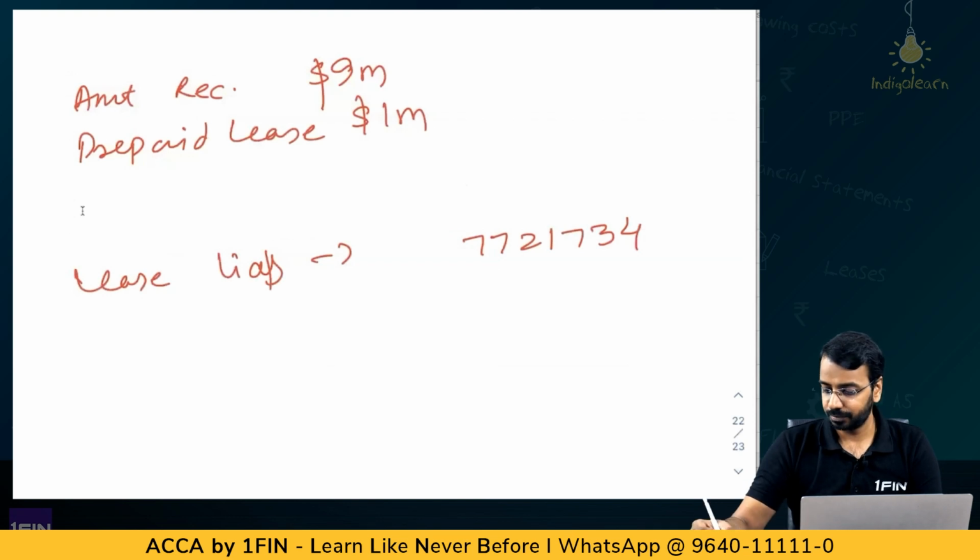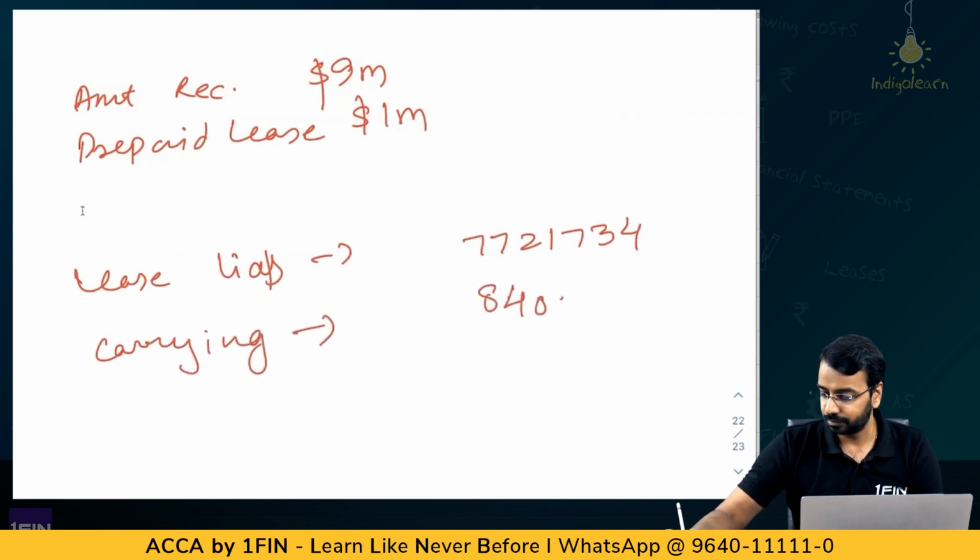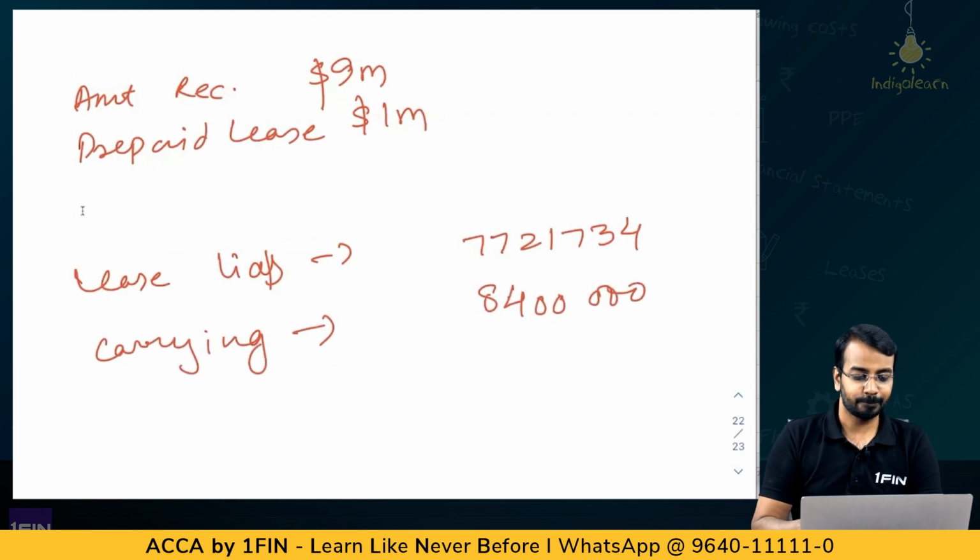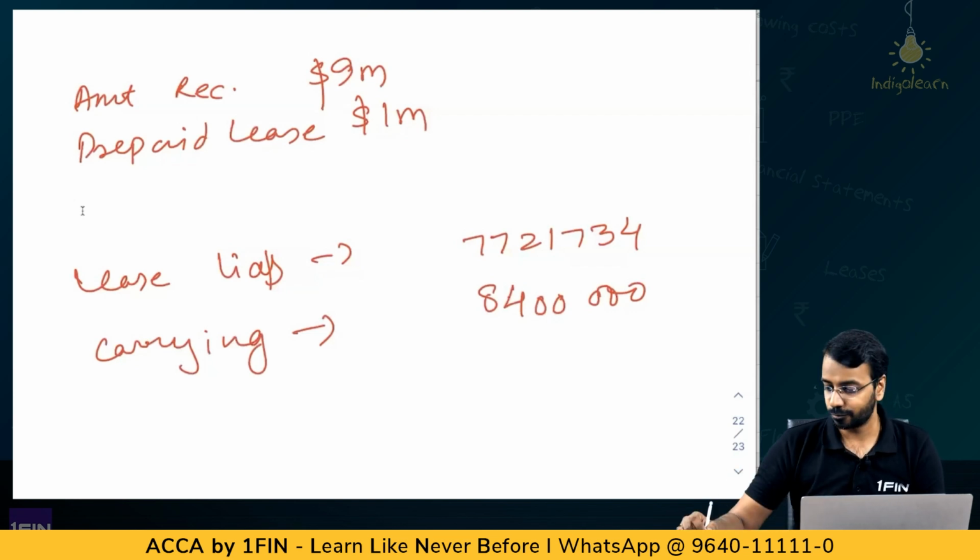Now, the carrying amount of PPE is 8.4 million. This is already given to us in the question. Now, the question is, how much gain has to be recognized in the given scenario?